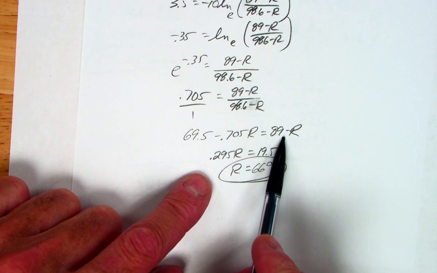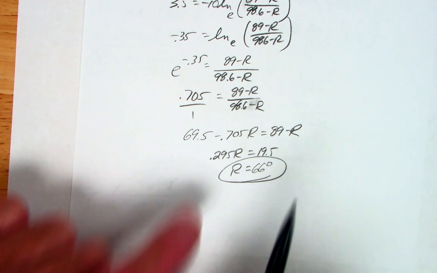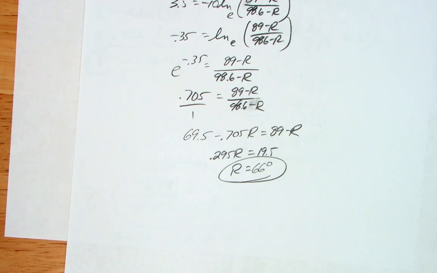Equals 89 minus R. Okay. There's that. So I got the 89 minus, I put x instead of r. I put 89 minus x equals 69.5138 minus 0.705x. And then what I did was I added the x from 89 minus x over.